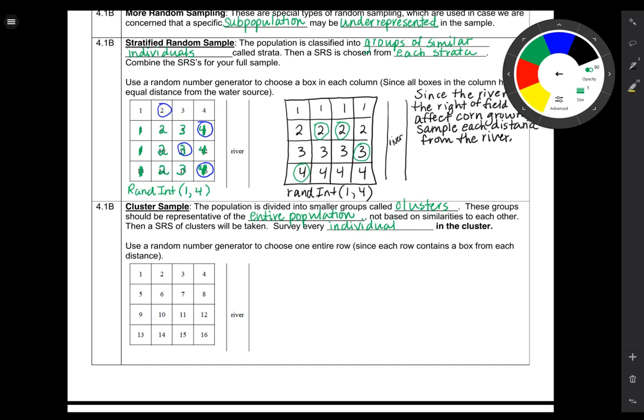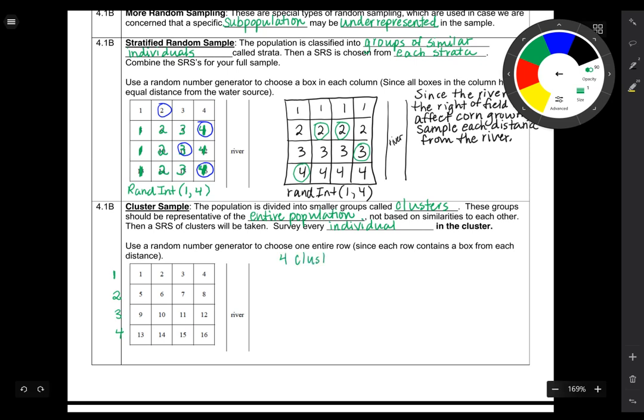So for this particular one, this could be cluster 1, cluster 2, cluster 3, and cluster 4. And then you roll a die and you end up choosing, say, 4, but here's what I did.